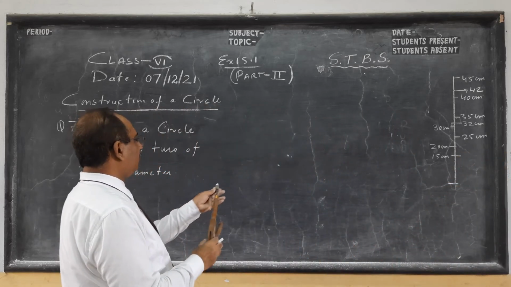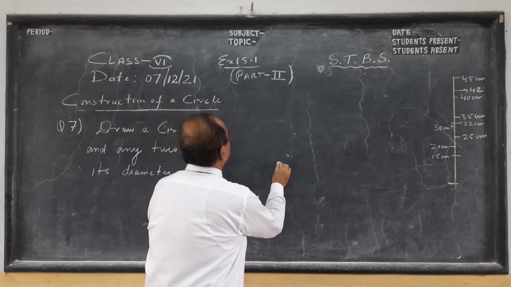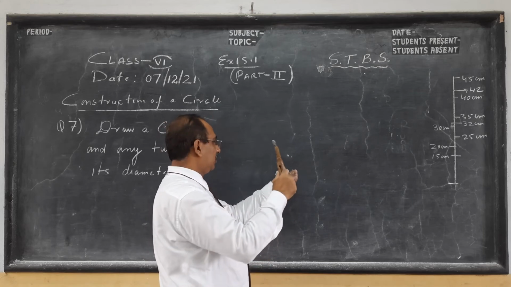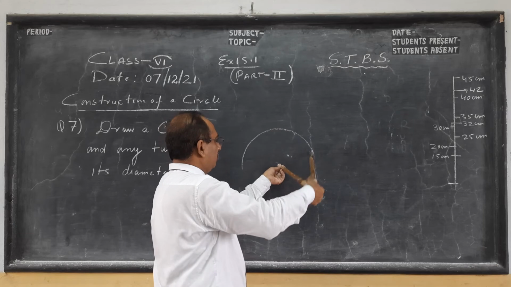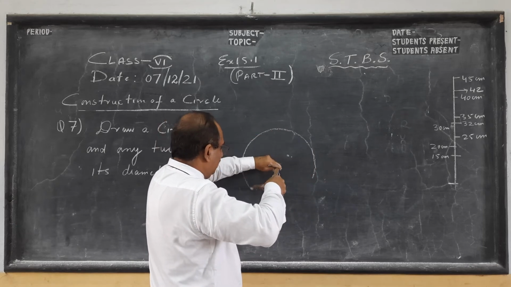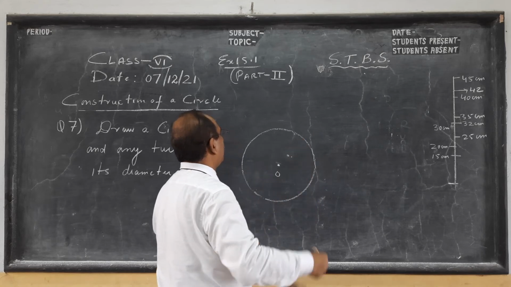So you see where you are most comfortable. Let us take the center as O. You can take 3 or 4 centimeter, children. I think 2 centimeter for you may be a problem. Lesser than 20 will be a problem for me. In the same way, I think less than 2 or 3 will be a problem for you.